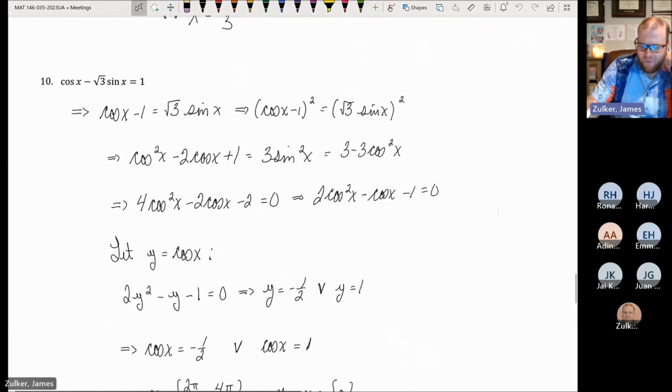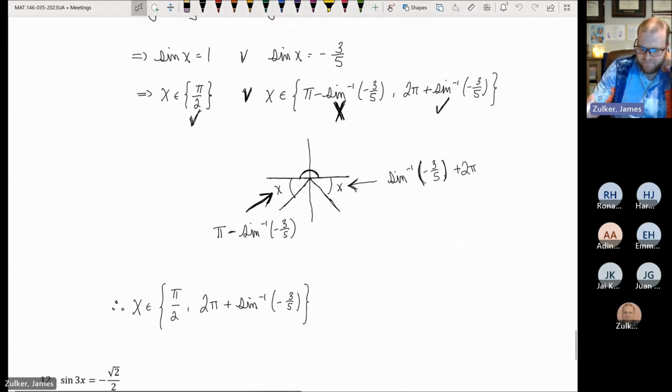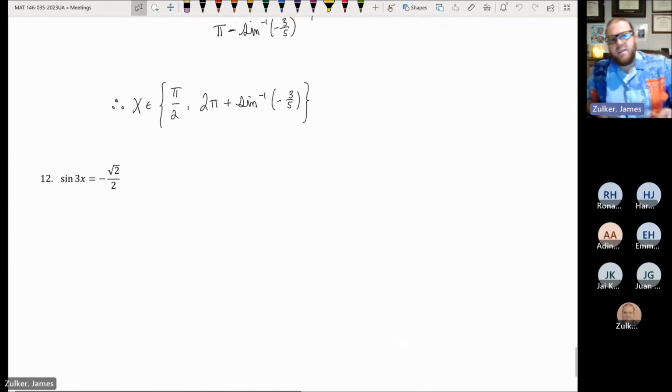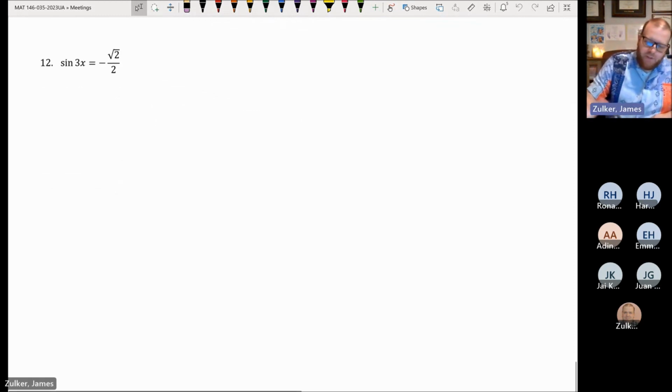We're now going to look at what happens if it's something like 3x in this case, or like 5x. So we're going to look at sine of 3x being negative root 2 over 2.